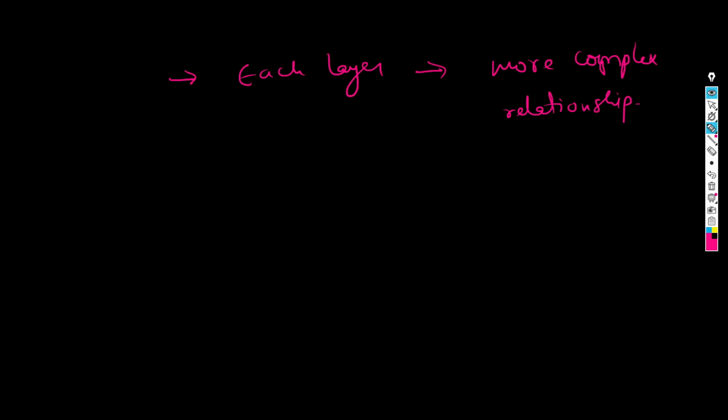The first layers of the transformer on the encoder side focus on small details like neighboring words, and the deeper layers capture big patterns like full sentence meaning, the tone, the mood, and so on. For example, in the previous example, the dog chased the cat, I'll just write it down: dog chased the cat.